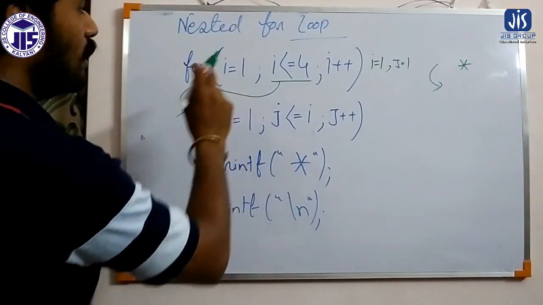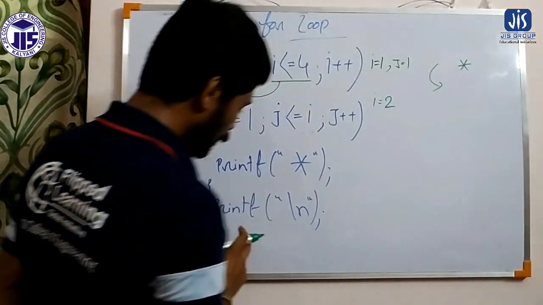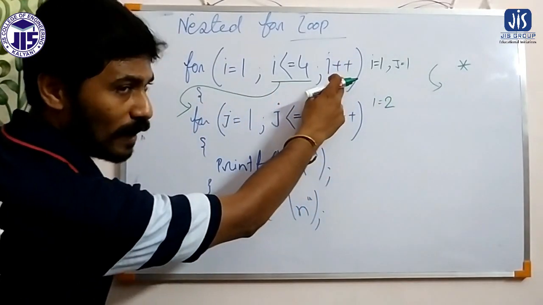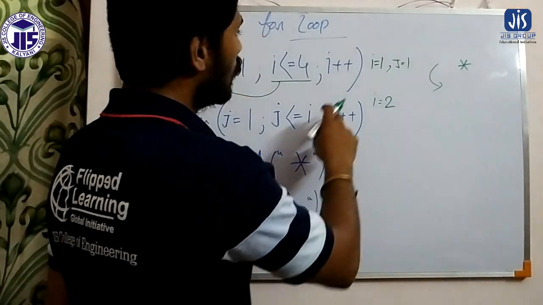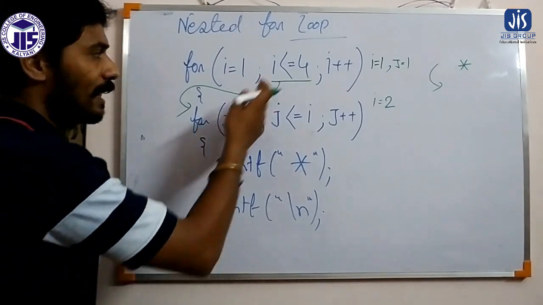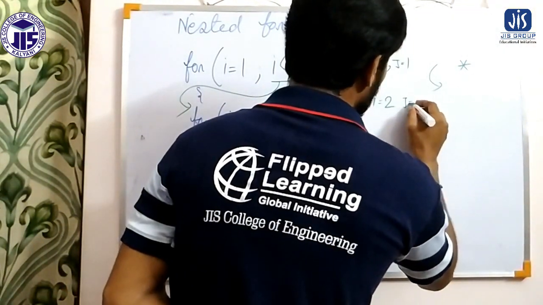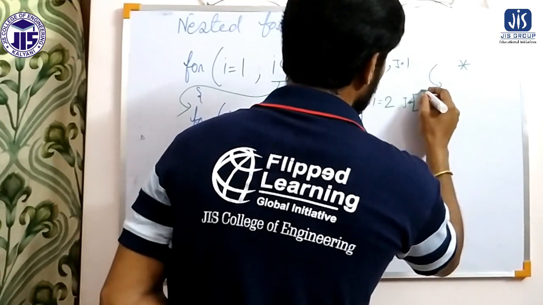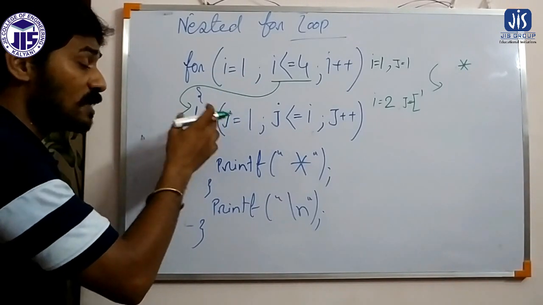Then the value of i will be 2, because from here it will go to the increment of i as per the flow of execution that we have discussed. So when the value of i is 2, again it will enter into the inner for loop. Now the initialization of j will be done again because this is a fresh start.